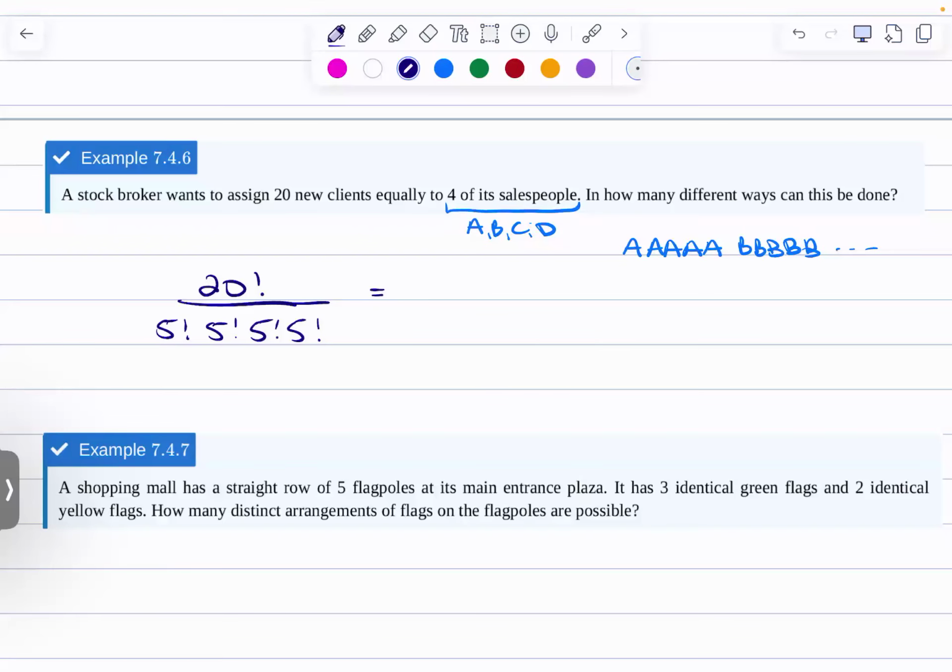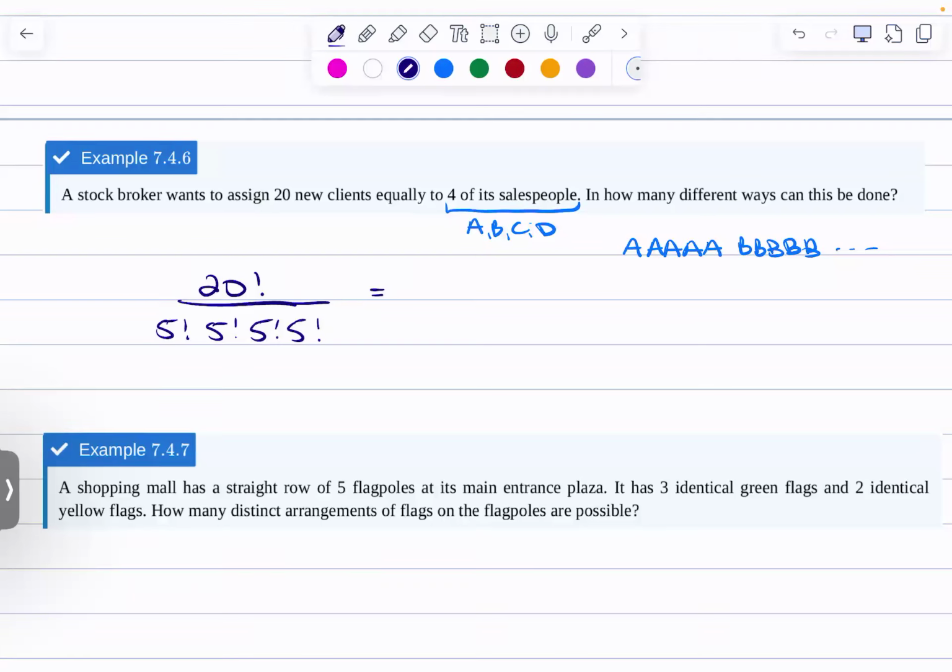It's going to be huge. I'm just going to go ahead and use my calculator with my factorial button and jump to the answer. Syntax error.